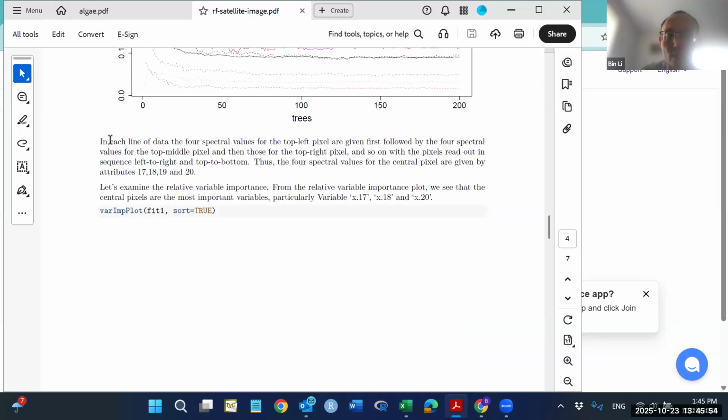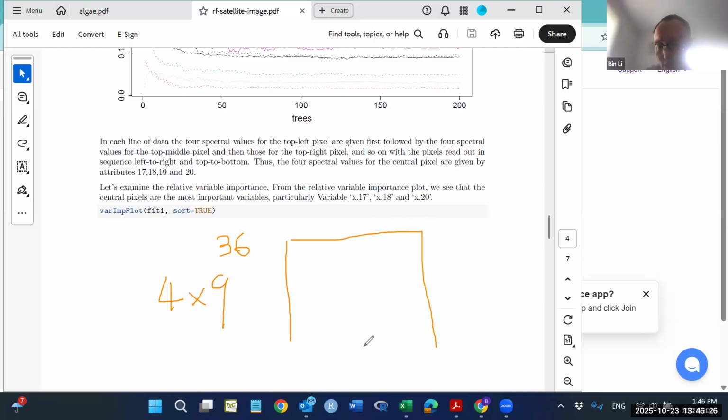In each line of the data, the 4 spectrum values for the top left pixel are given first, followed by the 4 spectrum values for the top middle one, and so on until the top right. So we have 36 predictors, from 4 spectral bands times 9 pixels.